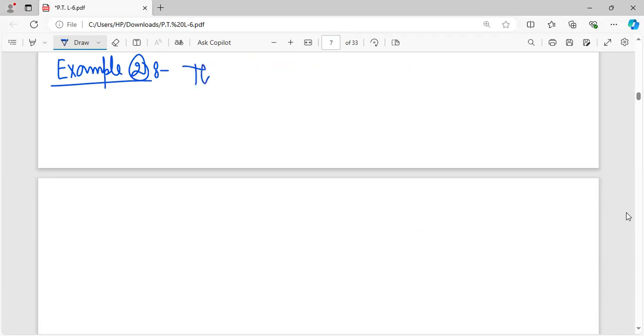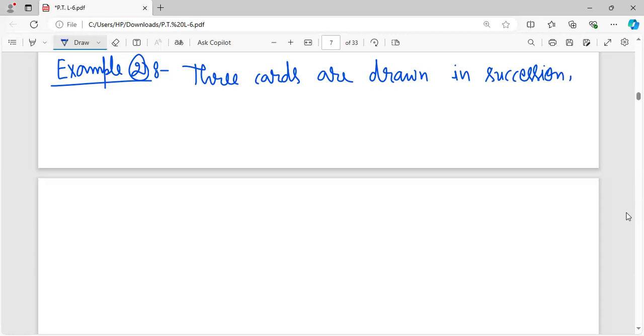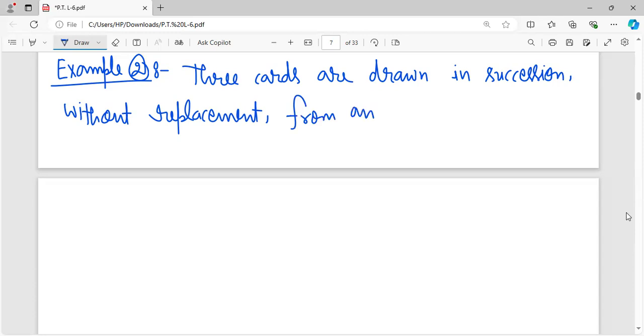Three cards are drawn in succession without replacement from an ordinary deck of playing cards.